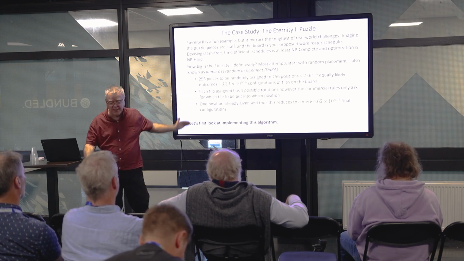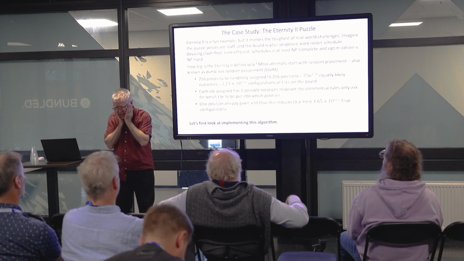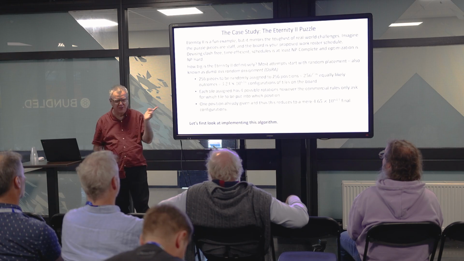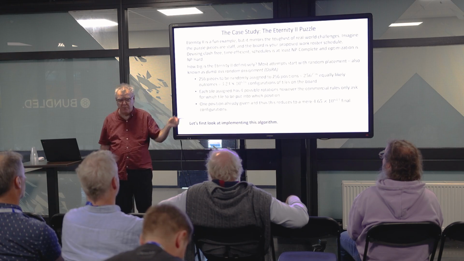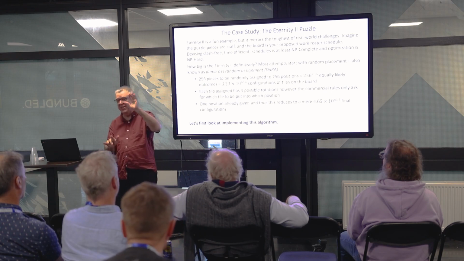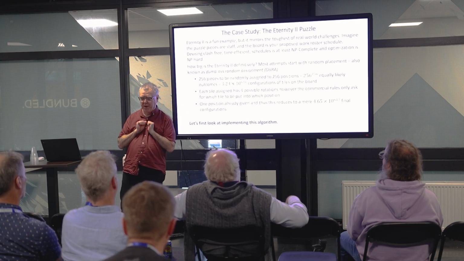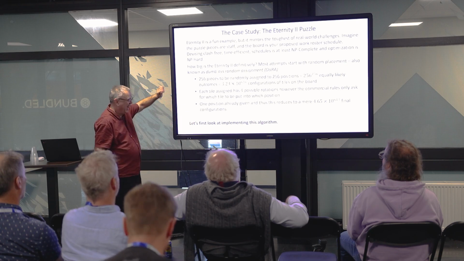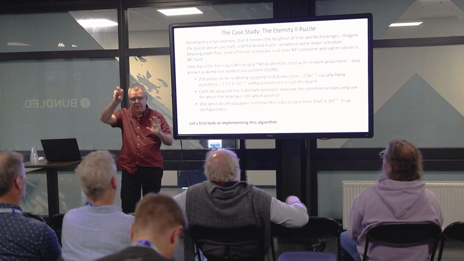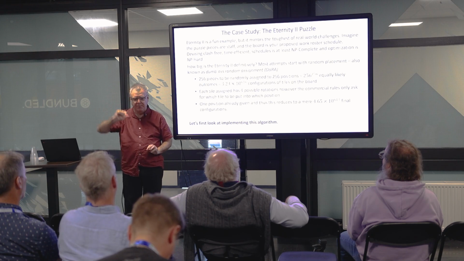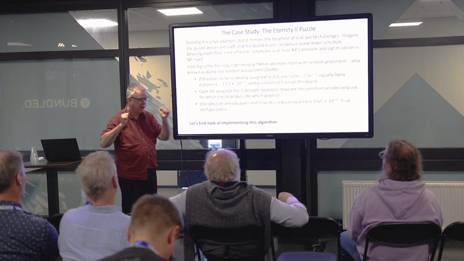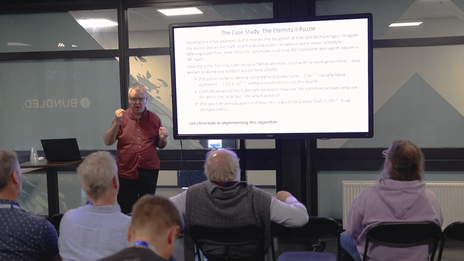There's 4 rotations, but it doesn't matter, because suddenly we think, oh my God! Oddly enough, I haven't actually mentioned this to my student yet. I didn't realise when I was writing the slides 3 weeks ago in preparation for this presentation. Once you put a piece in, it can go in one of 4 positions. But if you look at the puzzle, the solution only requires you to put the tile ID in.